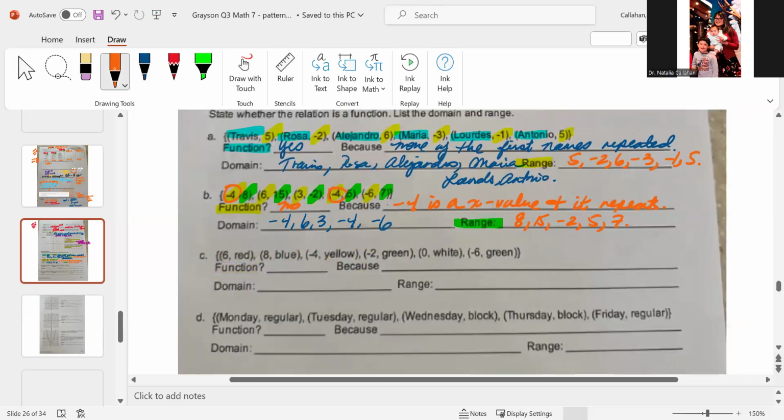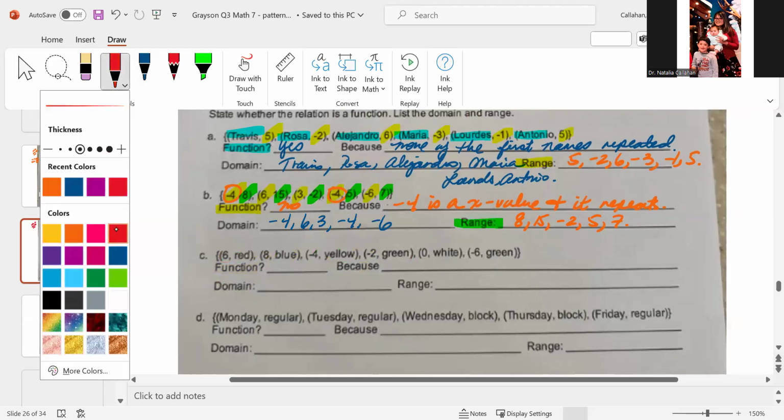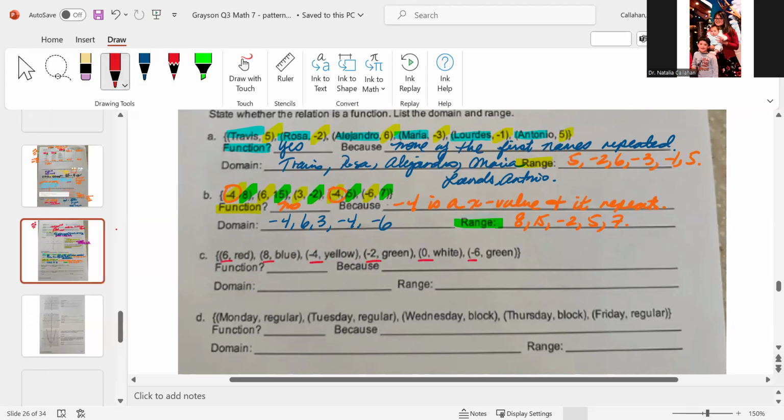Does that make sense? Well, let's move on. Part C: 6, 8, negative 4, 2, 0, negative 6. Is it a function? Yes, because none of the X values repeat. So your domain is 6, 8, negative 4.